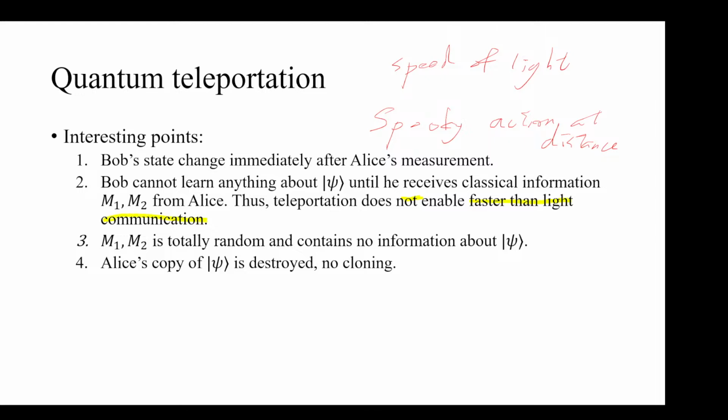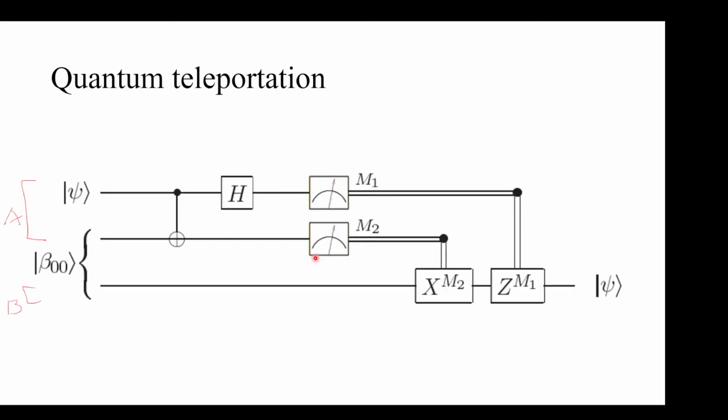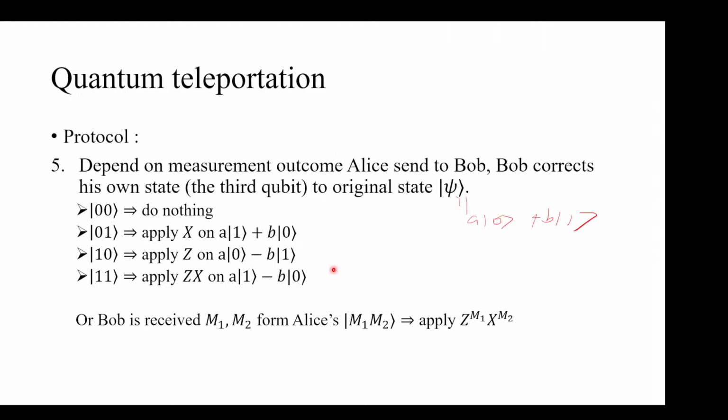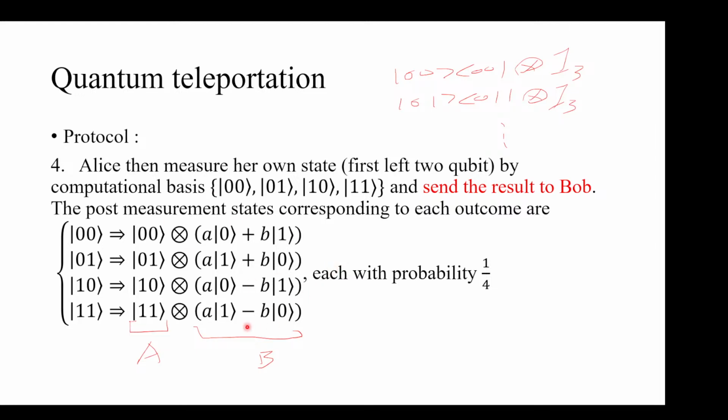So quantum mechanics, this collapse of the quantum state, is really a weird action. You think something really changed, but it doesn't contain any information. And something even weirder is that this Bob state here doesn't contain any information about A and B, doesn't contain any information about your side.